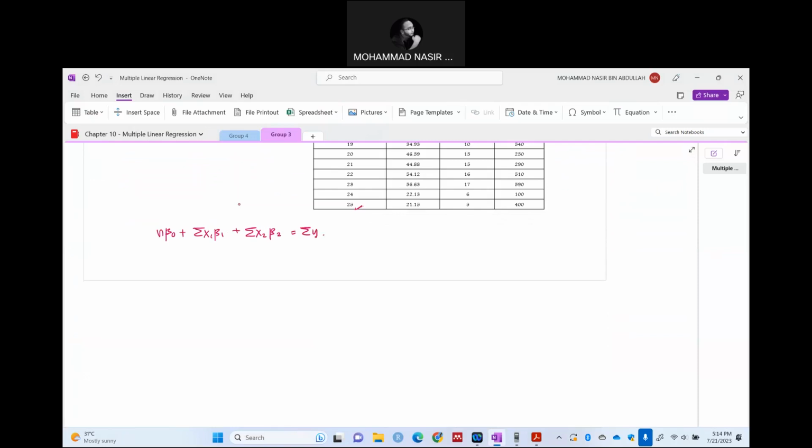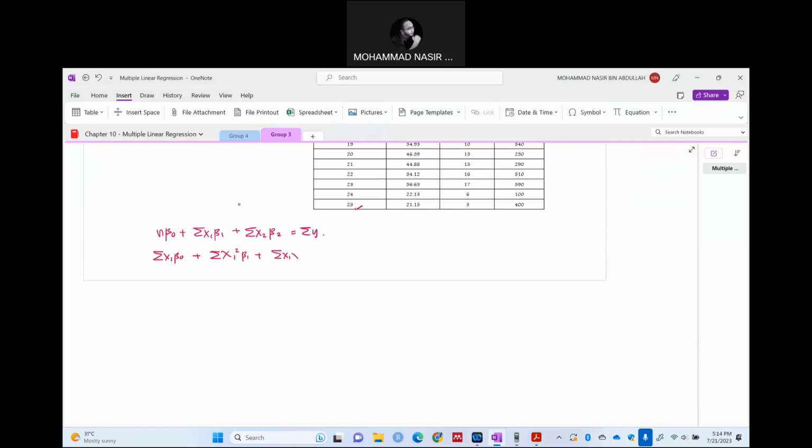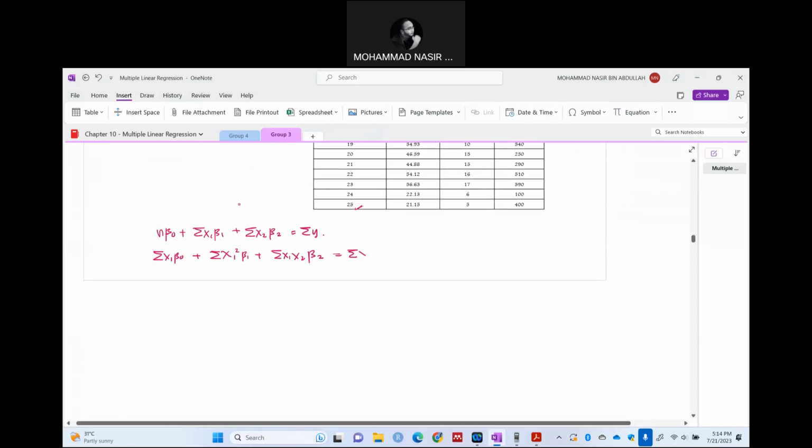This is the first formula. Another one is summation of x1 beta naught plus summation of x1 square beta 1 plus summation of x1 x2 beta 2 equal to summation of x1 y.